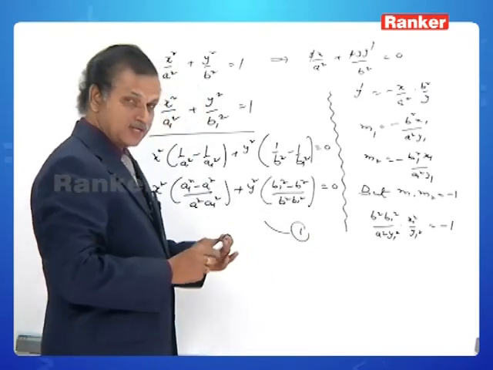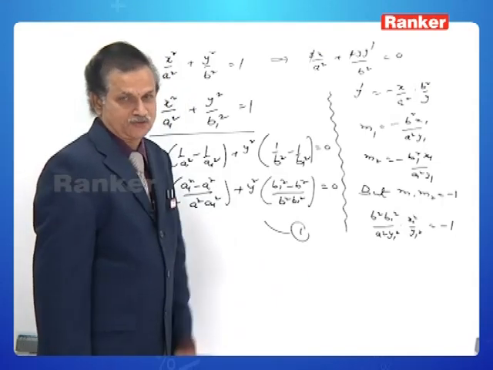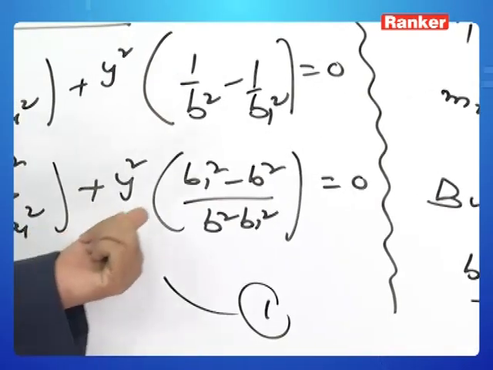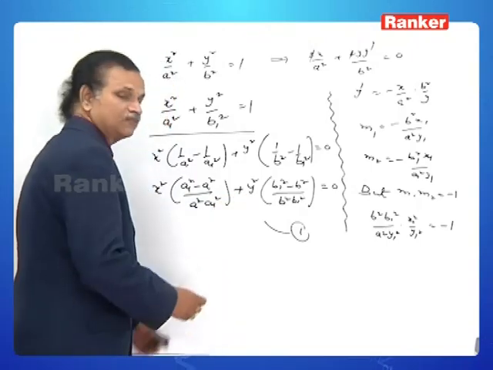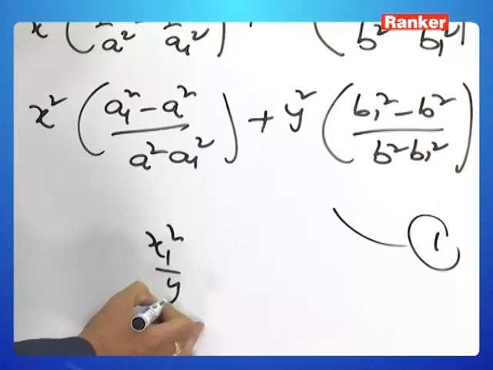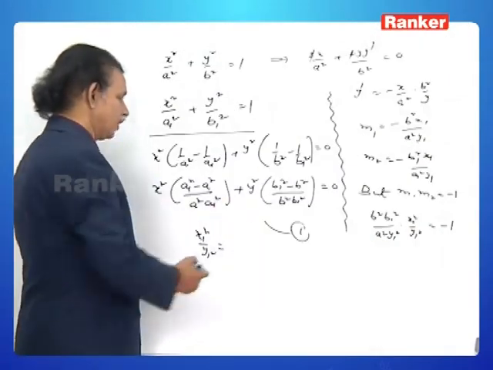You see, what is x1, y1? It is the point of intersection of the two curves. It should satisfy this equation. So, x1 squared into this much plus y1 squared into this much is equal to 0. From this, what is x1 squared by y1 squared? Divide throughout by y1 squared.